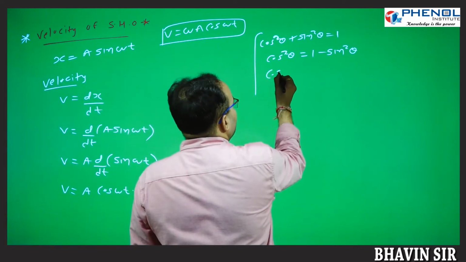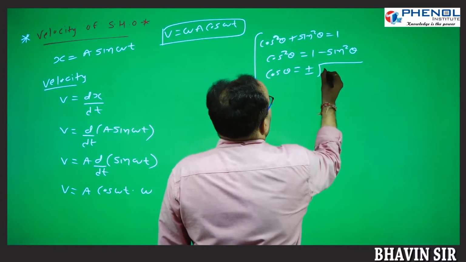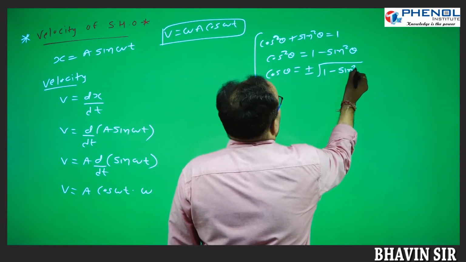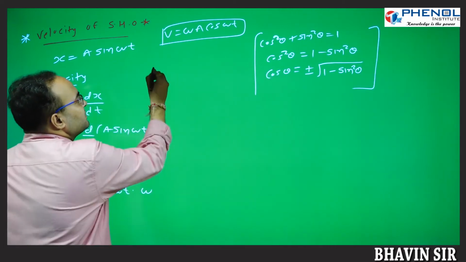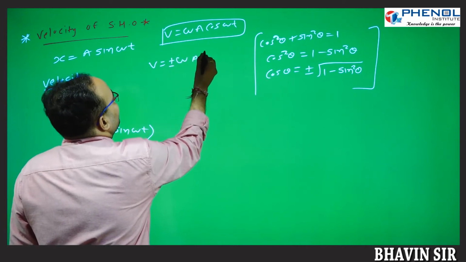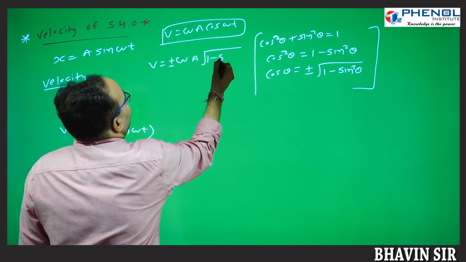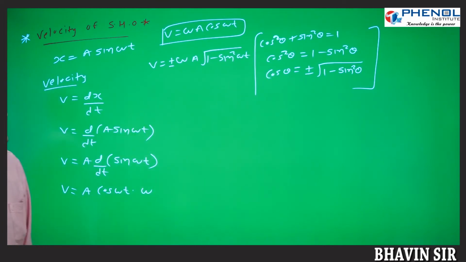So cos theta is equal to plus or minus, because when we take root then we take plus or minus. So students, here we write plus or minus root of 1 minus sine square theta in place of cos theta.